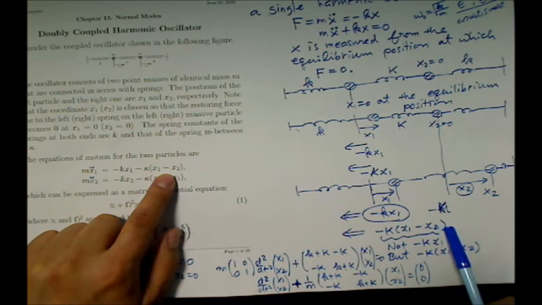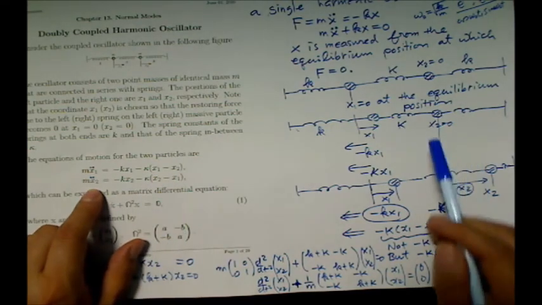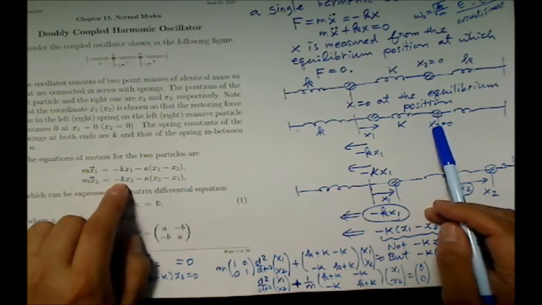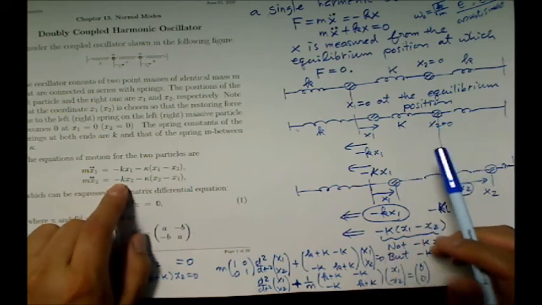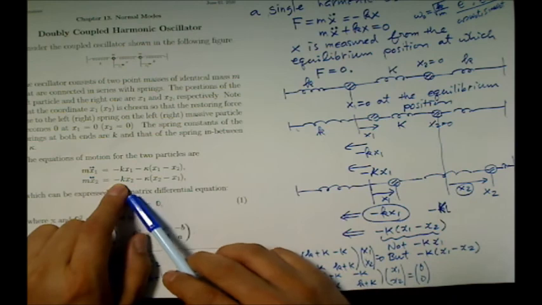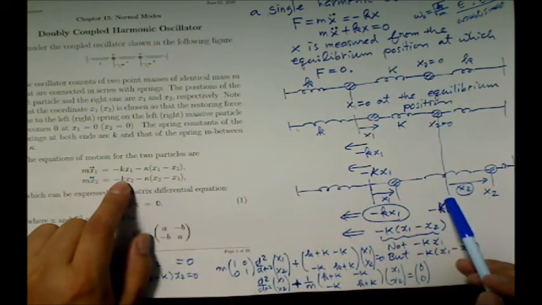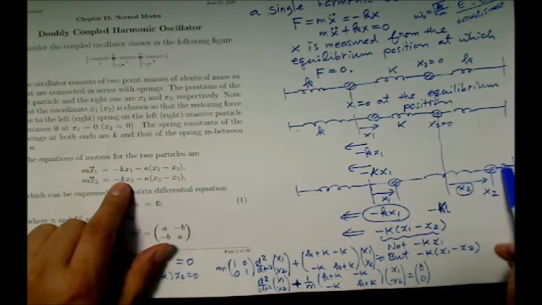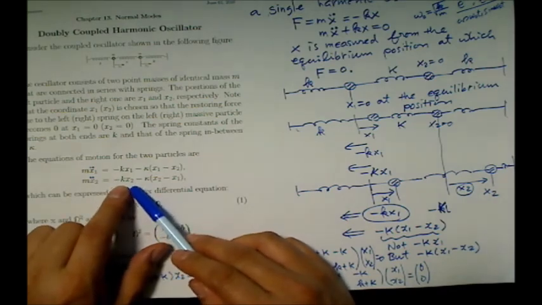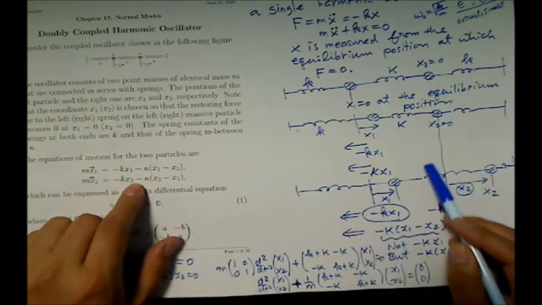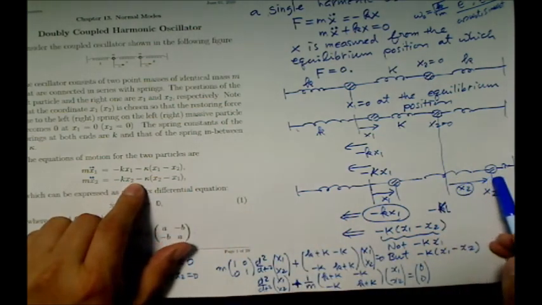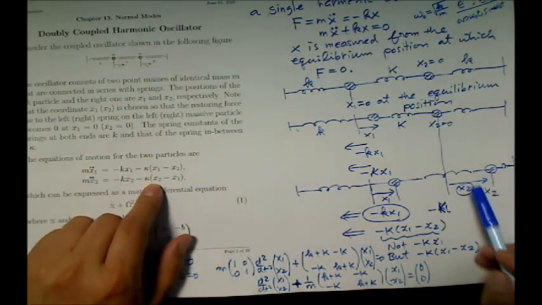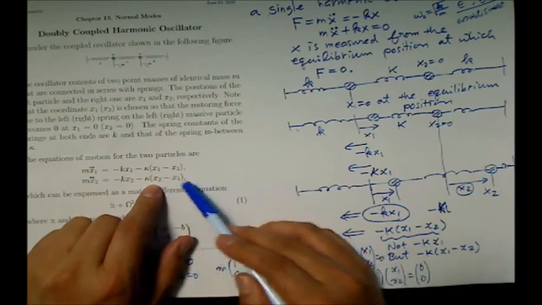In a similar manner, we can compute the force applied to the right object; we just exchange 1 and 2. That means this spring gives minus kx2, and the spring in the middle applies a force kappa times x2 minus x1.